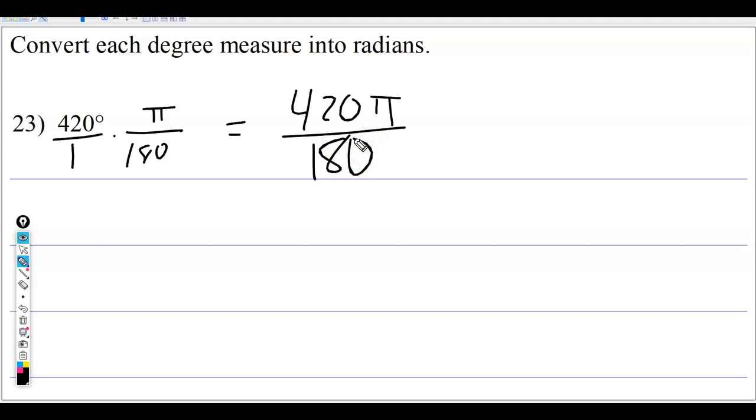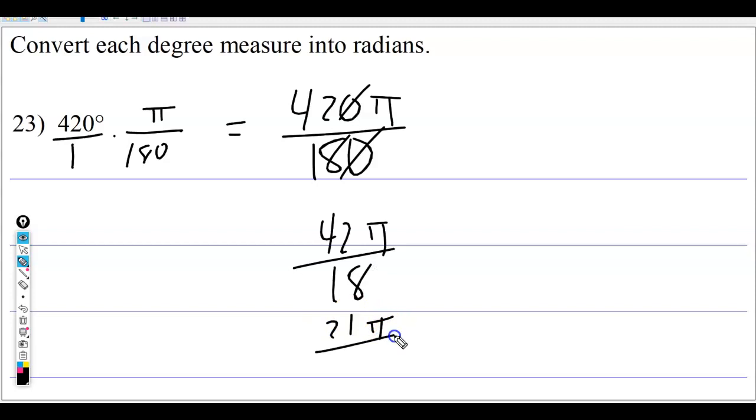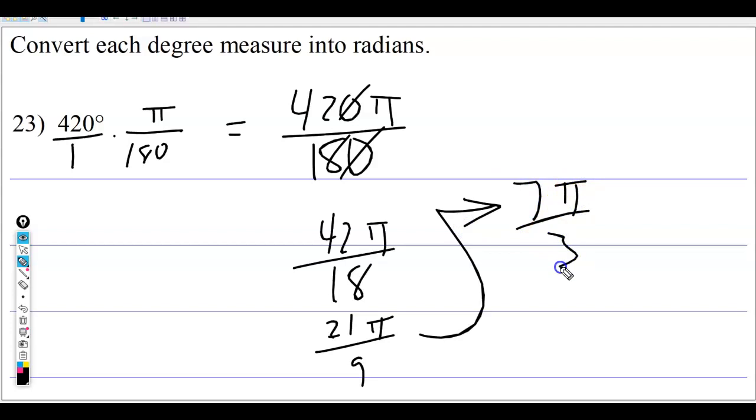So first of all, notice I can take the 0 out if I divide the top and bottom by 10, right? And then I can divide both the top and bottom by 2, and I end up with 21 pi over 9. And then I can still reduce. 3 goes into both of those. So if I divide the top by 3, I end up with 7 pi over, and the bottom becomes 3. There's your final answer there. So 420 degrees is 7 pi over 3.